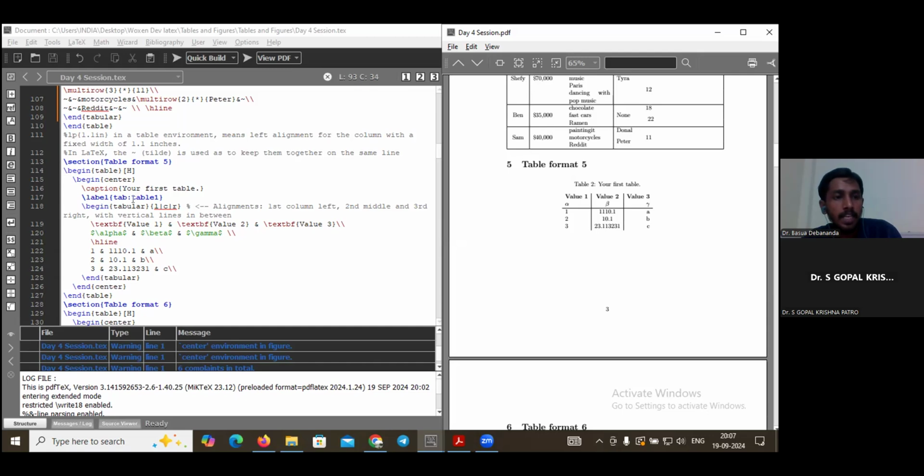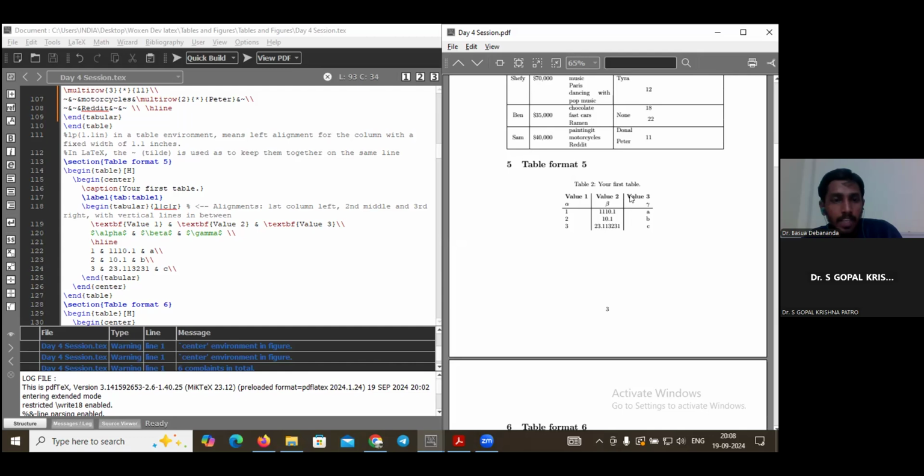Then you can see this is the left alignment, this is the center, this is the right. I have not drawn the vertical line here, that's why it is not coming. Here I have drawn these 2 vertical lines, that's why these 2 vertical lines are placed. And this one is a little easier compared to the previous one.